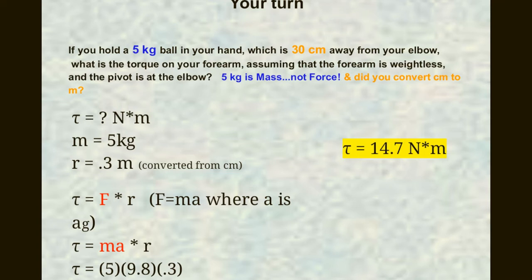So that F can be replaced with simply m times A. And again, it's always your responsibility to remember the acceleration due to gravity on planet Earth, and that's 9.8. So we get 5 times 9.8 times 0.3. So the torque here is 14.7 N times m.